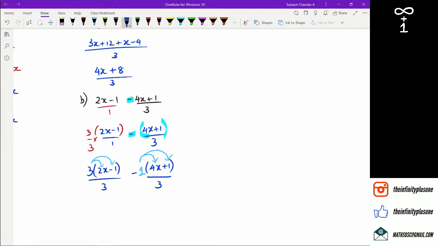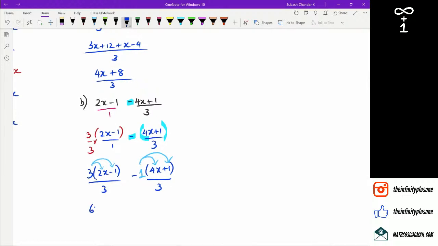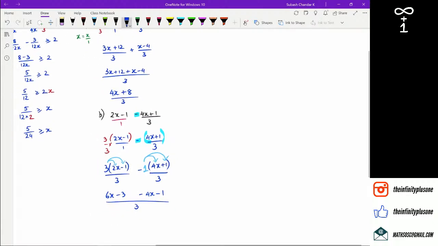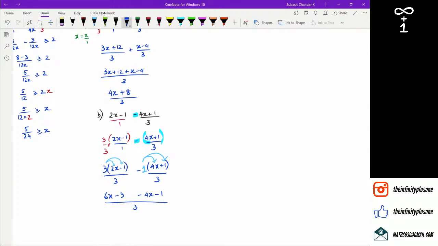So we end up with 3 times 2x is 6x, 3 times -1 is -3 over 3, and then we've got minus 4x and minus 1. And in fact, all of that is over 3 right there, like that. And because of that, we're going to get 2x minus 4 over 3.